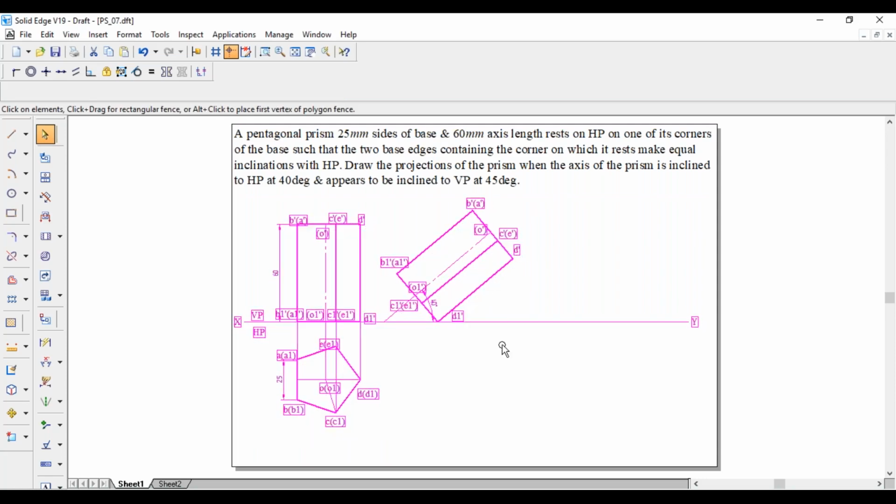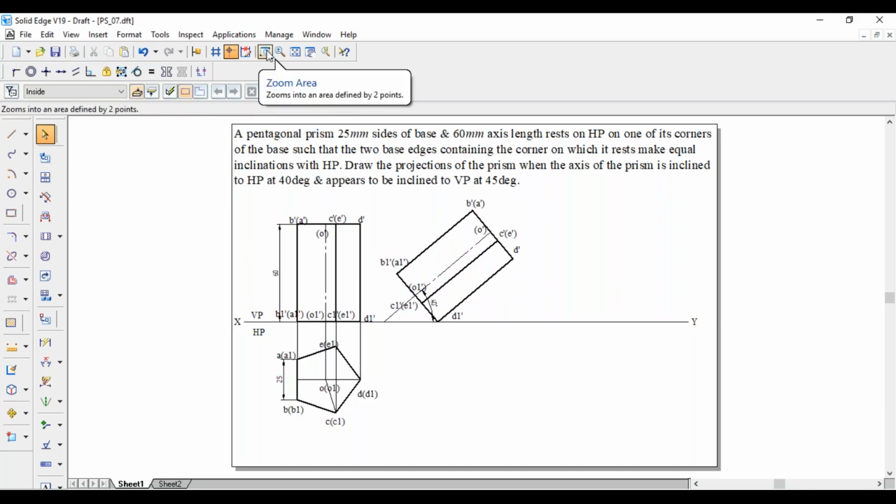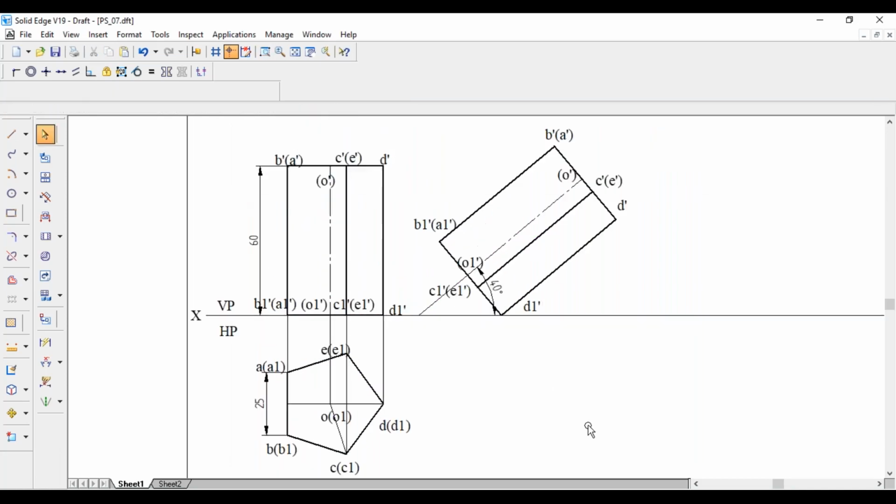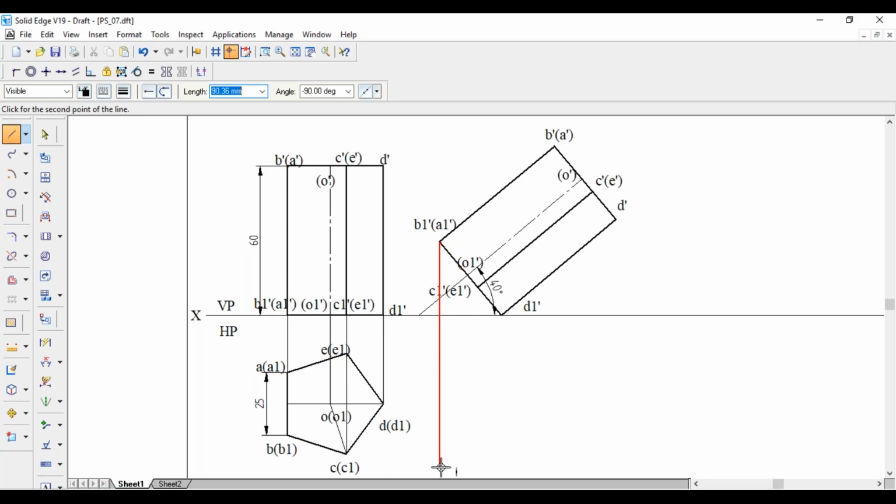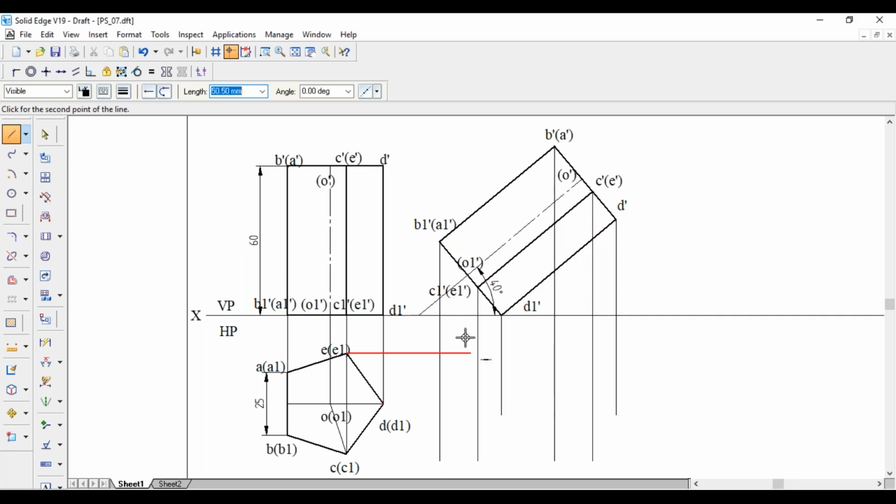So now project the points in downward directions. E1, E1 dash here.